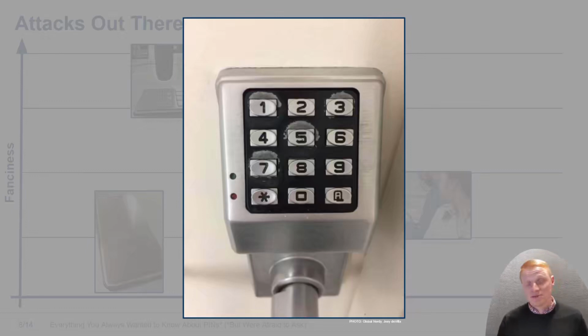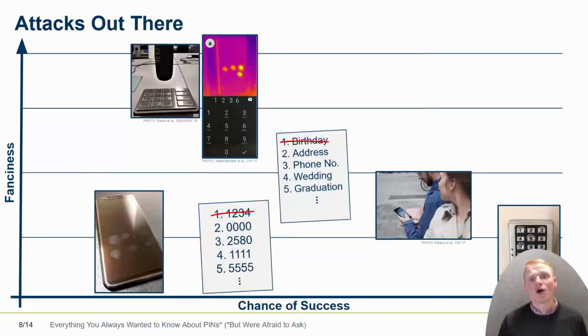So from the attacker's perspective, it's easy to guess which ones to type and which ones not to use. Very successful, however, not fancy at all, because we can all detect this form of attack, we can all use that information. And Per, for example, also had this form of attack with a different photo though, back in his Twitter feed, and people were able to figure out the actual pin.